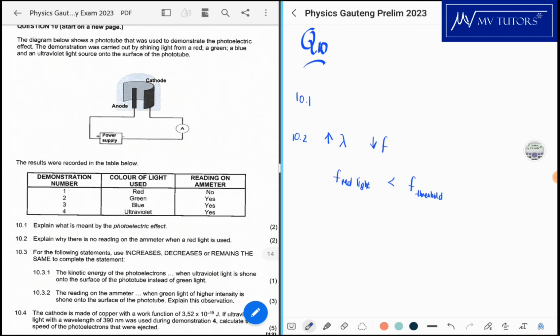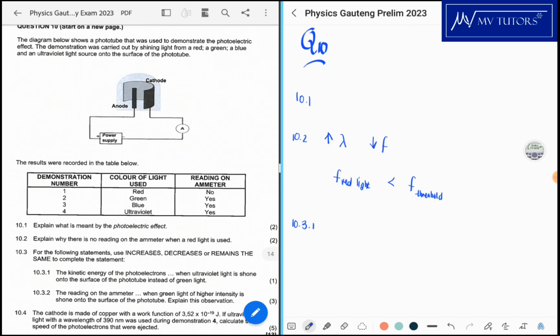Okay, and then now 10.3. It says, for the following statements, use increase, decrease, or remains the same to complete the statement. So 10.3.1, it says the kinetic energy of the photoelectrons when ultraviolet light is shone onto the surface of the phototube instead of green light.